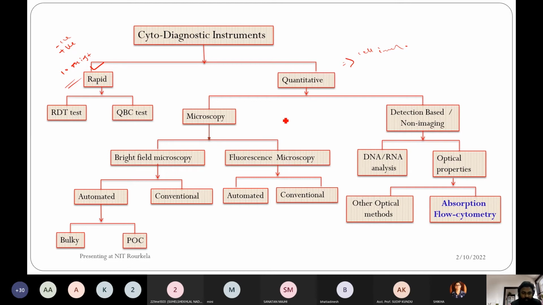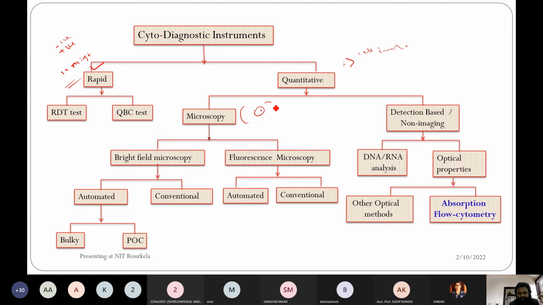Further, in the quantitative category, you can see RTD and BPC, these are the two categories. Similarly, microscopy-based analysis gives you morphological information about the cell.